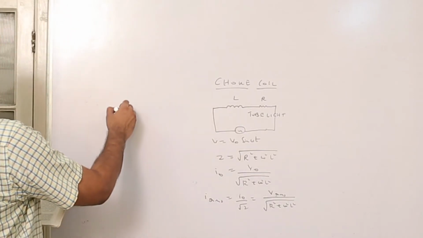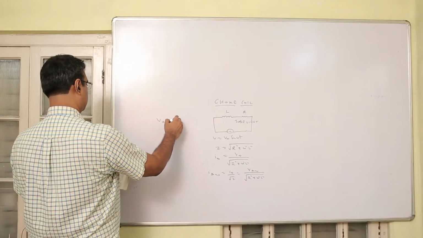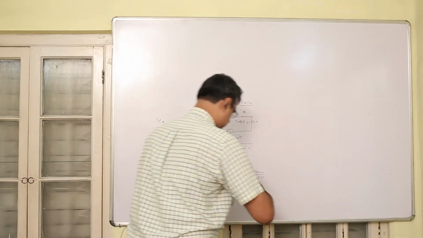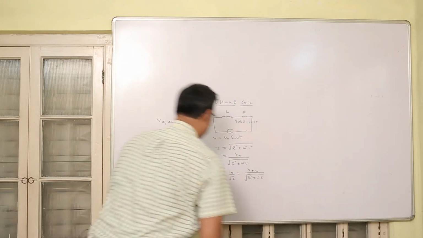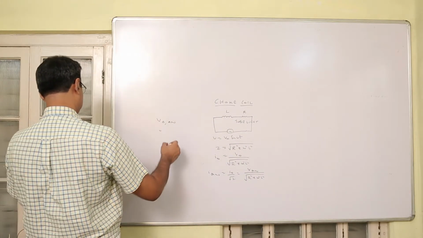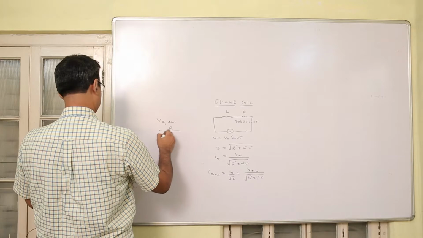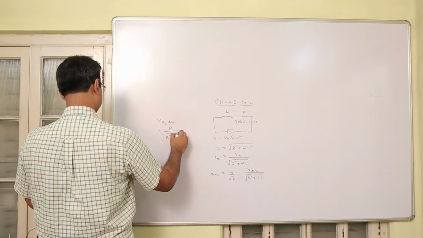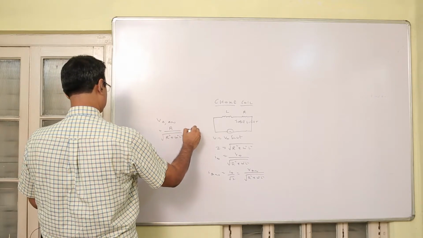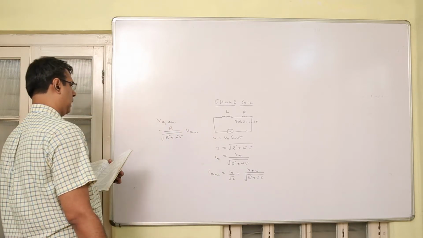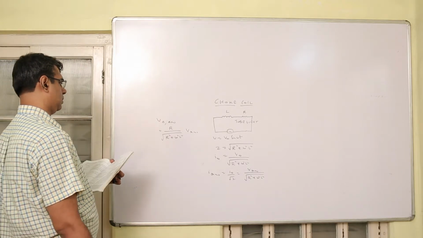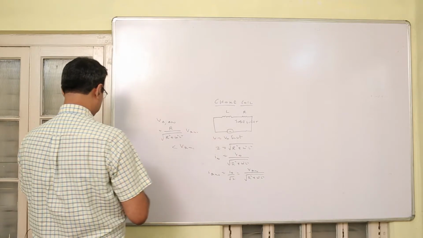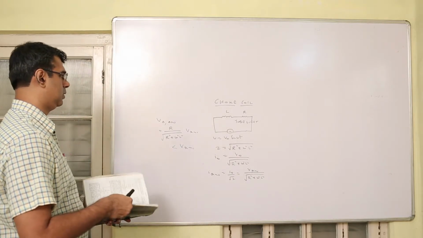So what will be the RMS voltage delivered across the tube light? The RMS voltage delivered across the tube light will be R by root over R square plus omega square L square into VRMS, and clearly this is less than the supply voltage of VRMS.